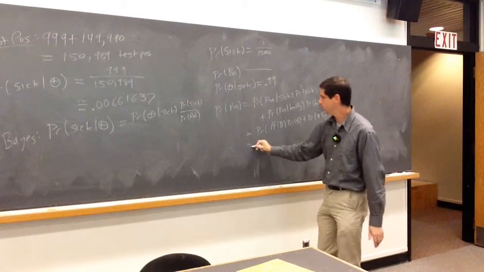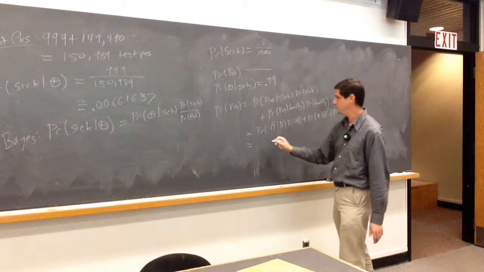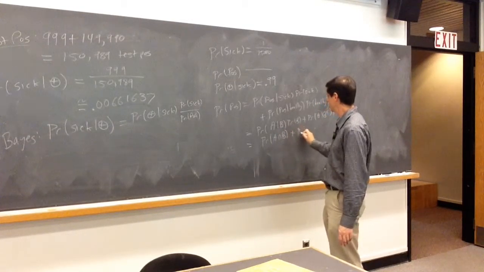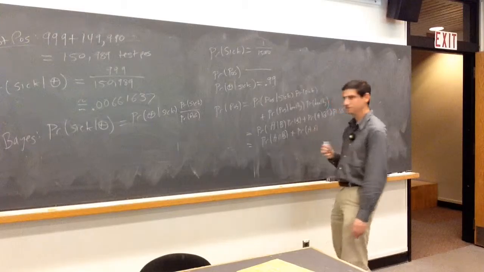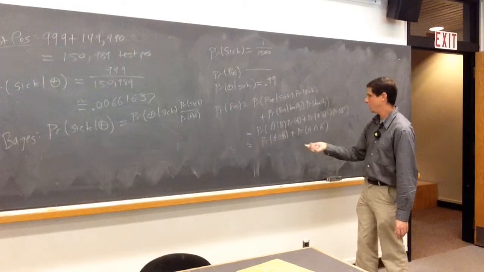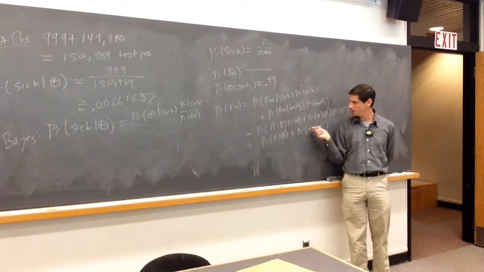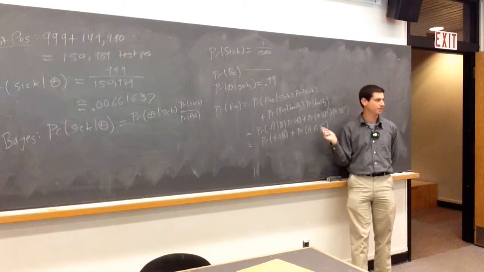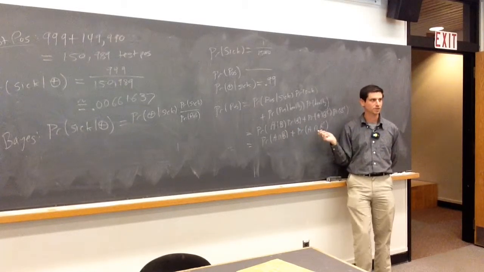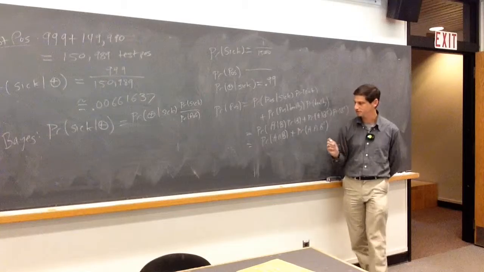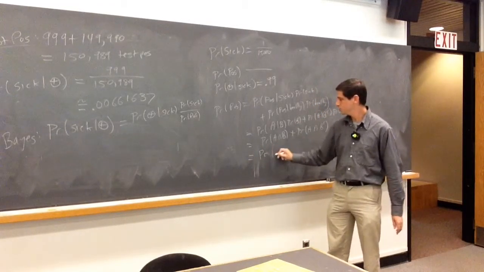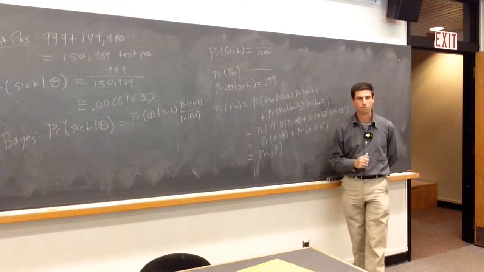Well, the probability of A given B times the probability of B is just the probability of A intersect B. And the next one is the probability of A intersect B complement. And A intersect B and A intersect B complement are disjoint events. In this one, B happens, in this one, B doesn't happen. So what's the union of those two disjoint events? A. So this is just the probability of A.